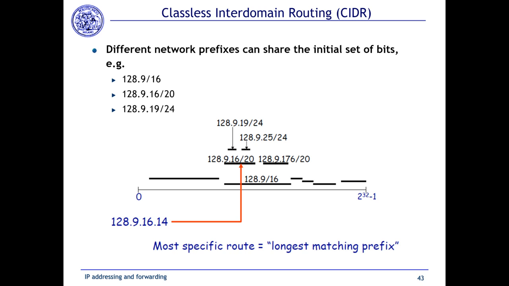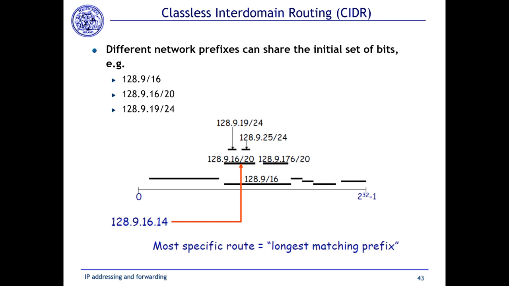This is equivalent to having overlapping segments on the number line. Here, for example, you have the segment 128.9/16 and the segment 128.9.16/20, which is partially overlapping with the first segment. And then you may have other overlapping segments, like for example these two, which correspond to /24 networks.